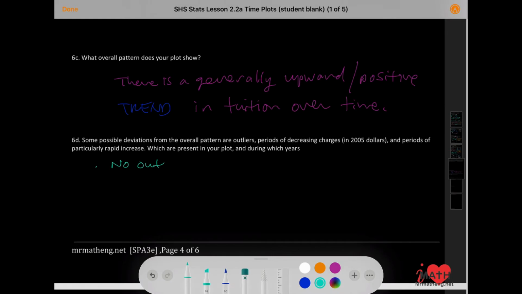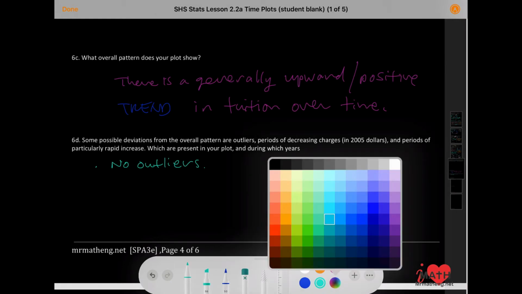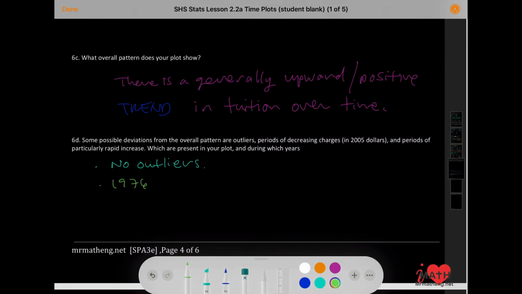No outliers. I think between 1976 to 1980, the average tuition declined slightly.